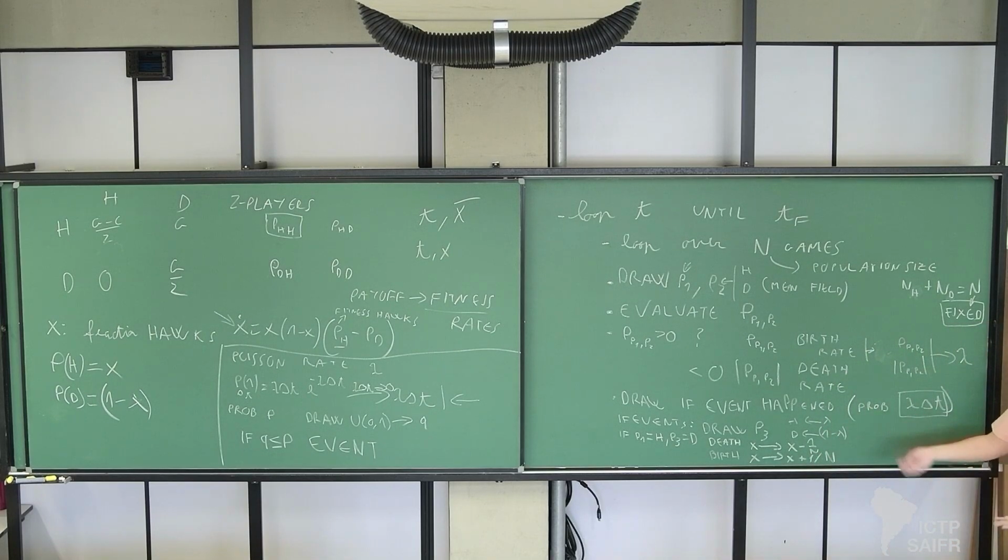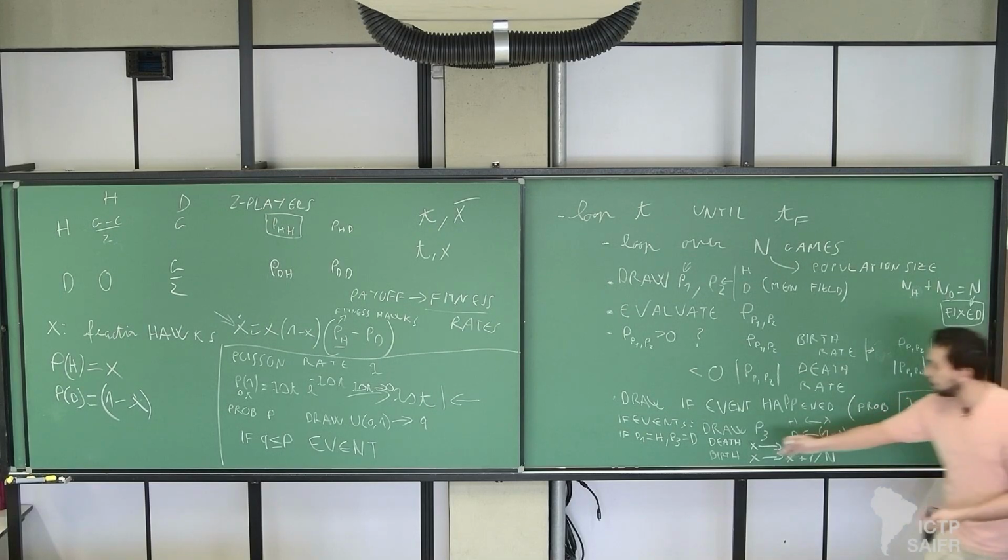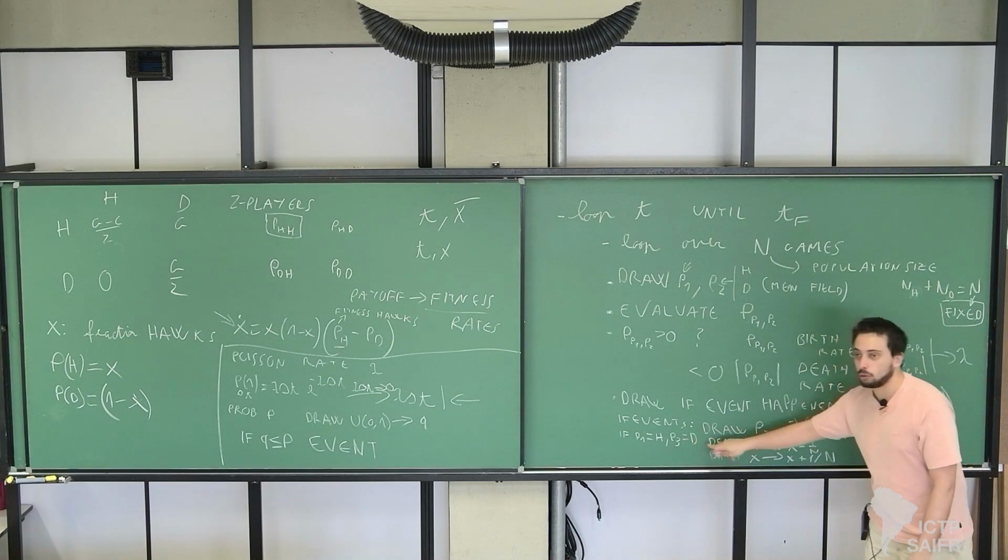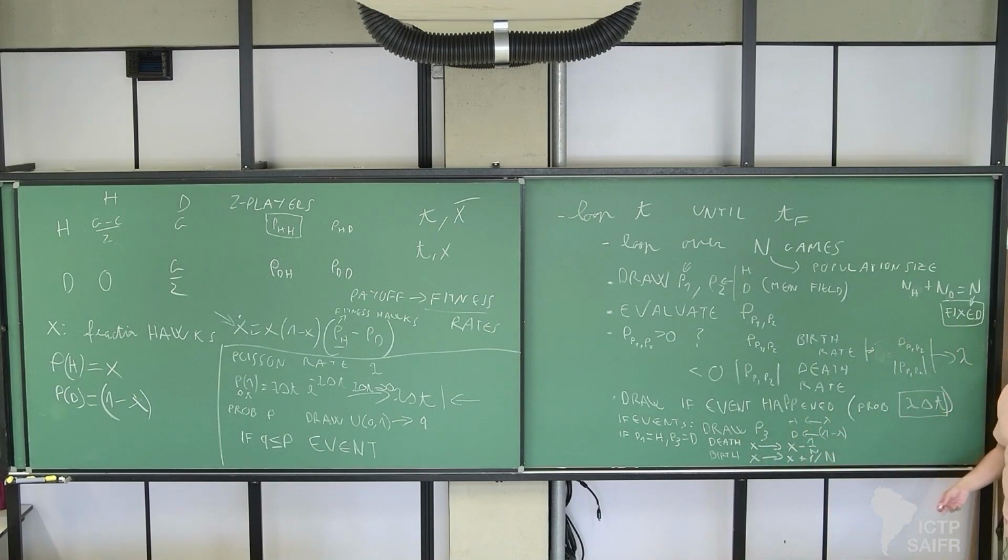And of course, you do the same. I'm not going to write it down, because it's just the complementary case. If player 1 is a dove, and player 3 is a hawk, you do the same, okay? Remembering that x is the fraction of hawks, in that case, if you have a birth, you have x minus 1 over n, and if you have a death, you have x plus 1 over n, okay?